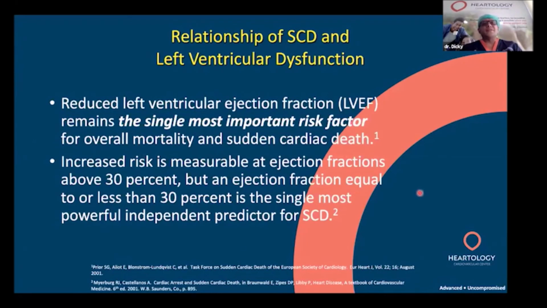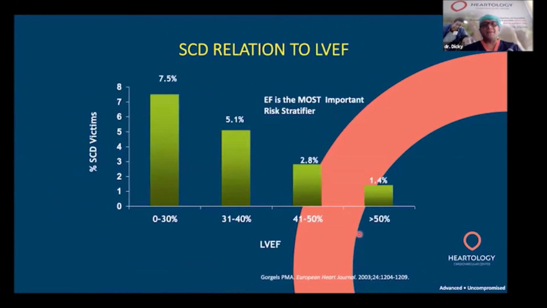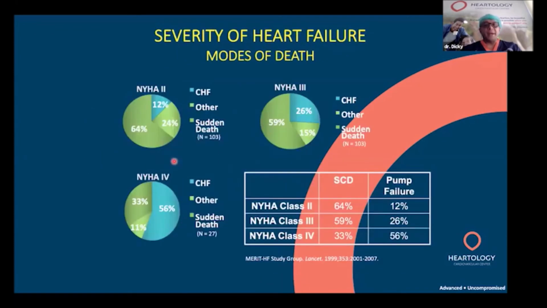It increases risk immeasurably at ejection fraction above 30%, but an ejection fraction equal to or less than 30% is the single most powerful independent predictor for sudden cardiac death. You can see below 30% ejection fraction, the percent of sudden cardiac death is 7.5, which is the most important risk stratifier.